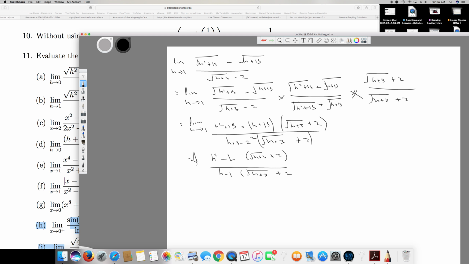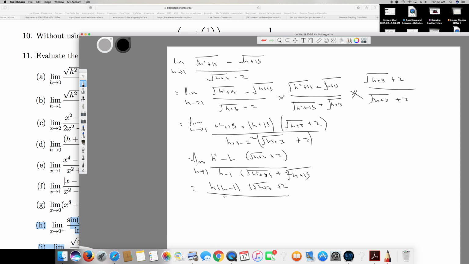This is limit h approaches 1, right? And I can take h common, h minus 1, and square root of h plus 3 plus 2 over, it's not, this is square root of h square plus 15 plus square root of h plus 15, right?